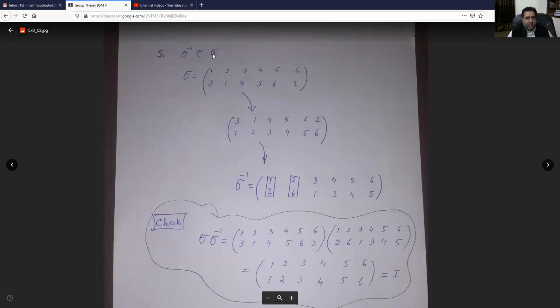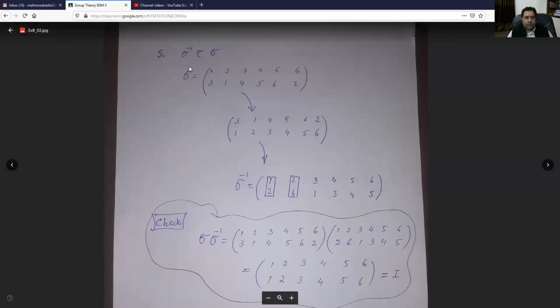You see on the previous slide, sigma and tau are given, but sigma inverse is not given. So first we need to compute the inverse of the permutation sigma. Again, for this inverse, you can watch my previous video. Sigma is defined in this way in the problem.